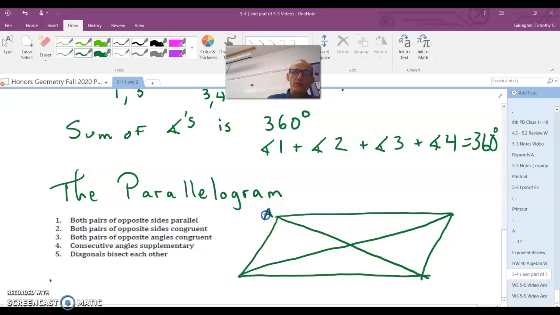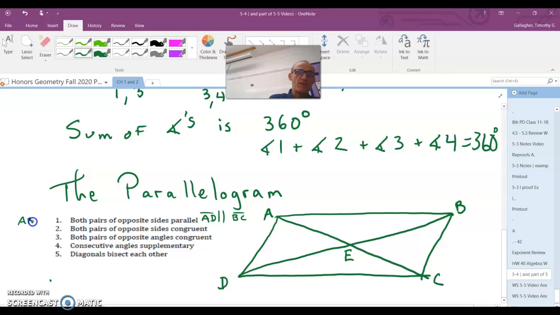Now, I'm going to label this parallelogram A, B, C, D, and I'll put an E right here, okay? So both pairs of opposite sides parallel. So what that means is that AD is parallel to BC, okay, and AB and DC are parallel.